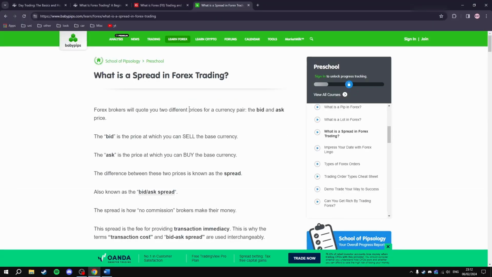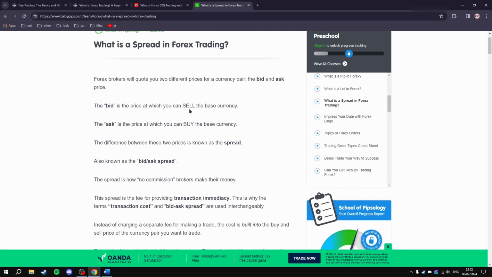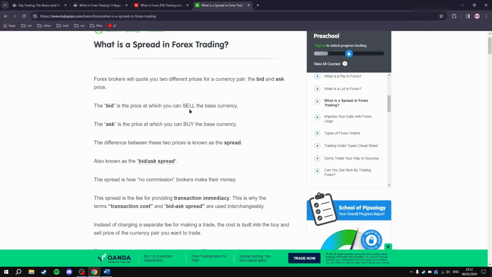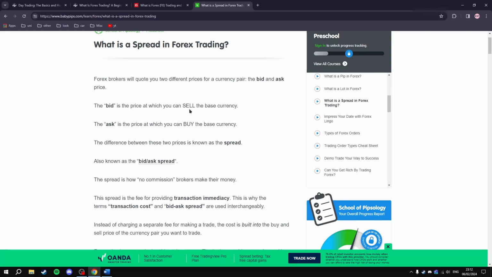What is a spread in Forex trading? Forex brokers will quote you two different prices for a currency pair, the bid and ask price. The bid is the price at which you can sell the base currency, the ask is the price at which you can buy the base currency. Bid is sell, ask is buy. The difference between these two prices is known as a spread, also known as the bid-ask spread.